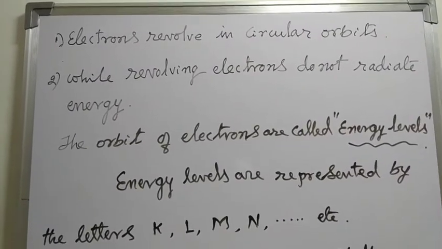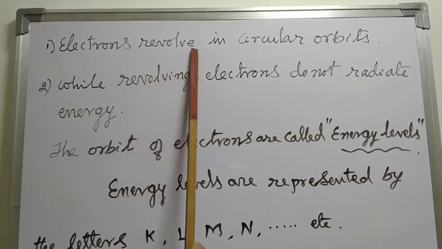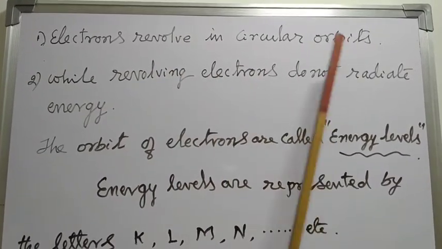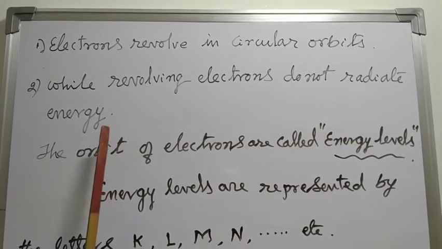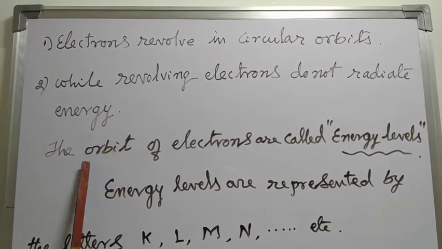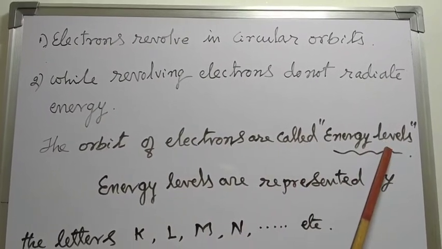According to Niels Bohr's structure, electrons revolve in circular orbits. While revolving, electrons do not radiate energy. The orbits of electrons are called energy levels.